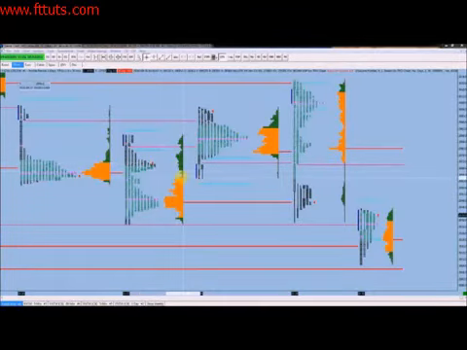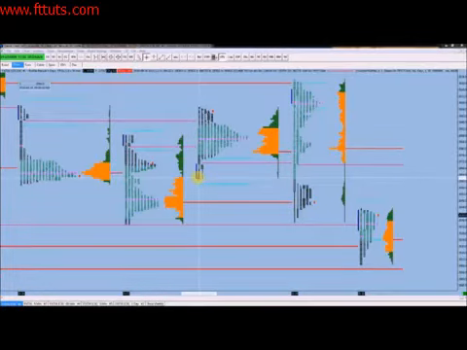So it's closed out of value, out of volume value. It's an indication that the market is going to try and find new value. And of course, in that instance and that situation, the value area highs, the value area lows represent areas of support and resistance.